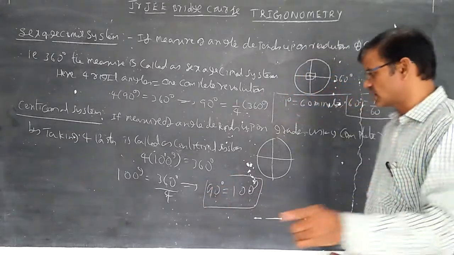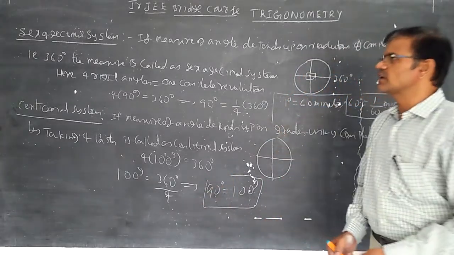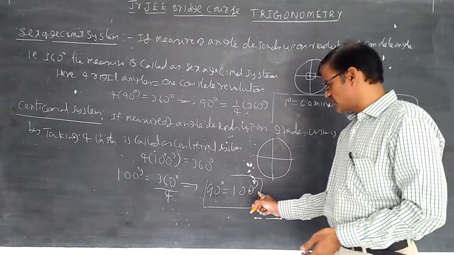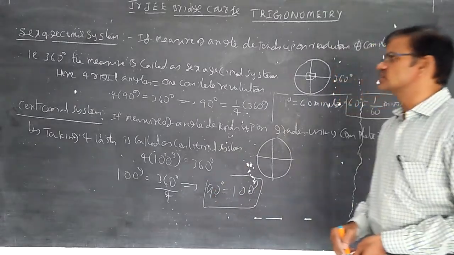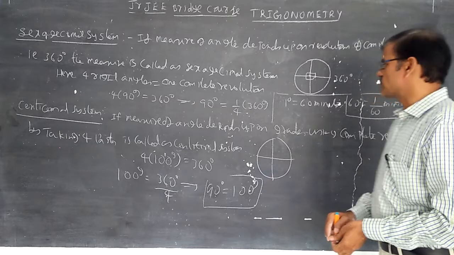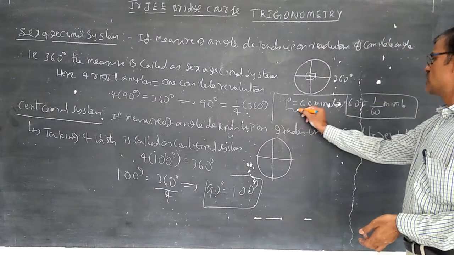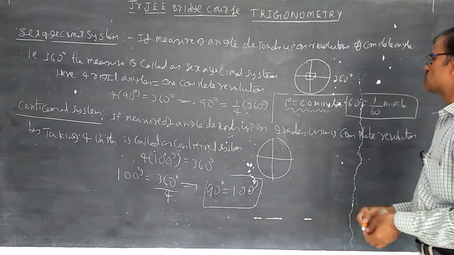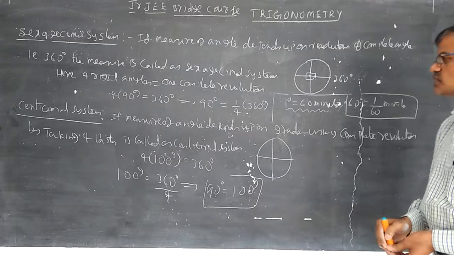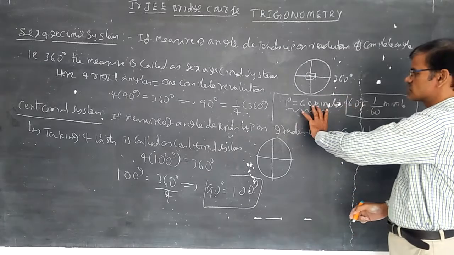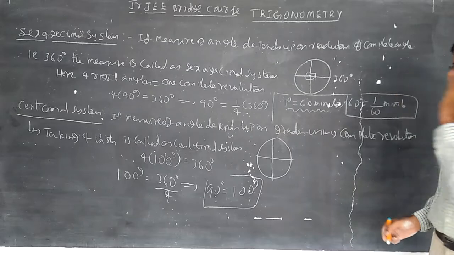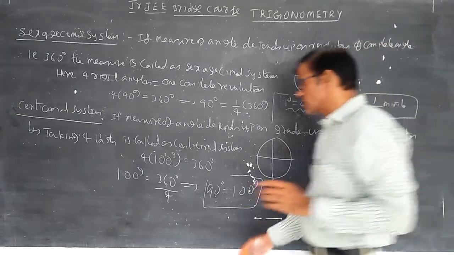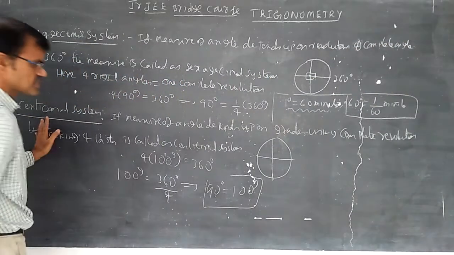Cent means 100. If you are calculating 100 grades as equal to 360 degrees, it is the centesimal system. In the other, we are calculating in degrees, 1 degree is equal to 60 minutes, and that system is called the sexagesimal system, and this is the centesimal system.